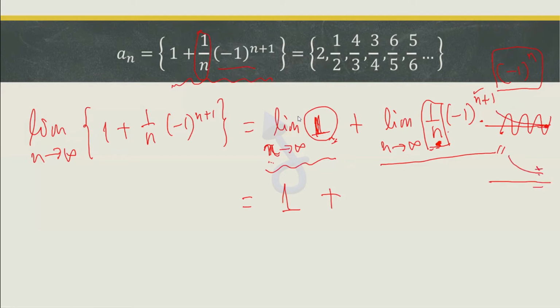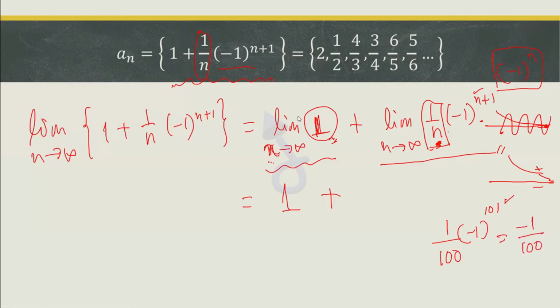But at the same time, the absolute value gets closer and closer to zero. For example, we can have 1 over 100 and negative 1 raised to the 101. And because this is an odd number, we will have a negative value.